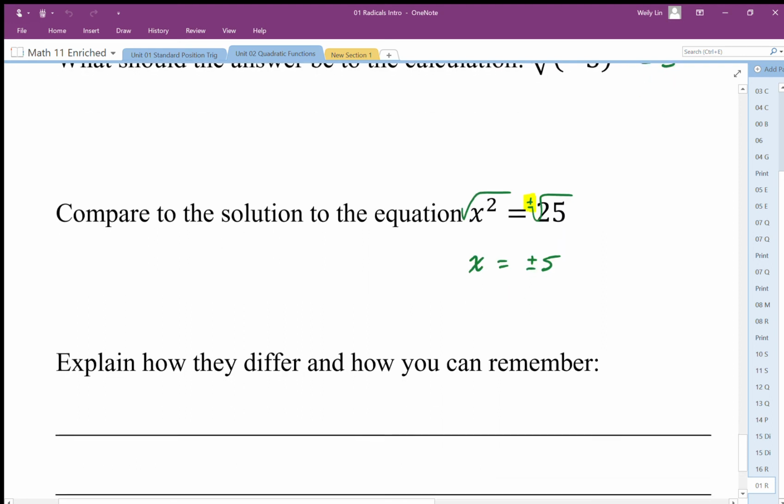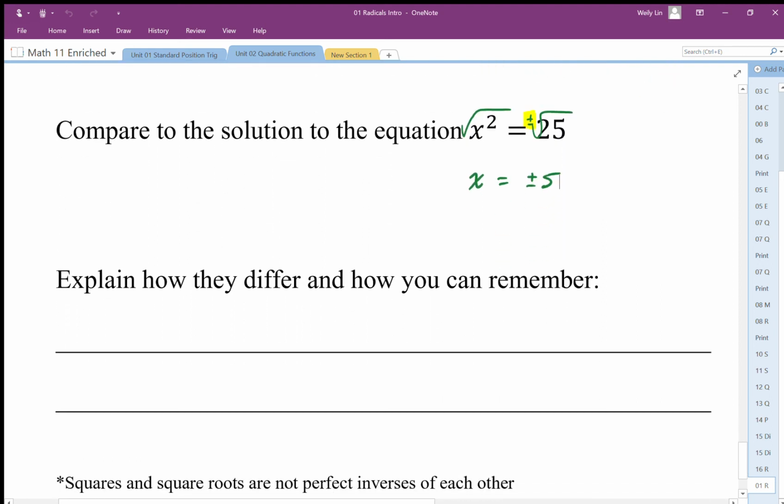You can come up with your own way, but this is how I think of it: when we square the answer or calculation to square root, it always equals positive.